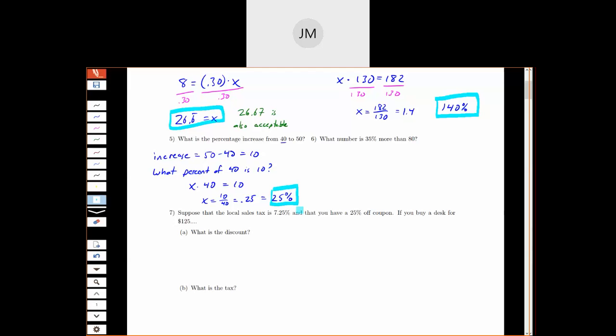All right, the next one, what number is 35% more than 80? So again, I'm going to break this into two steps rather than the one step that we were doing for questions 1 through 4. I'm first going to figure out what is 35% of 80. Okay. So x equals 0.35 times 80.